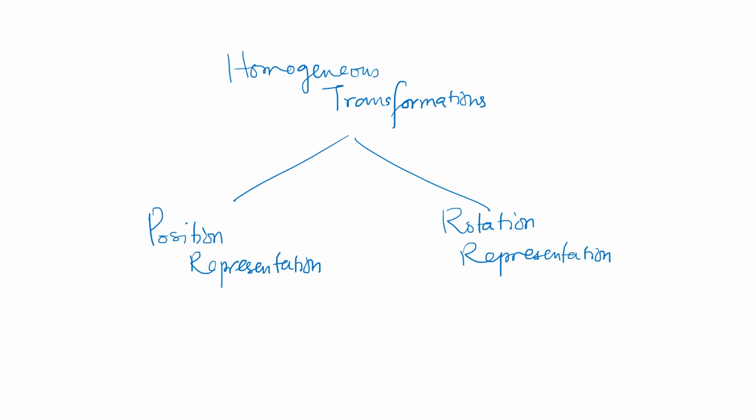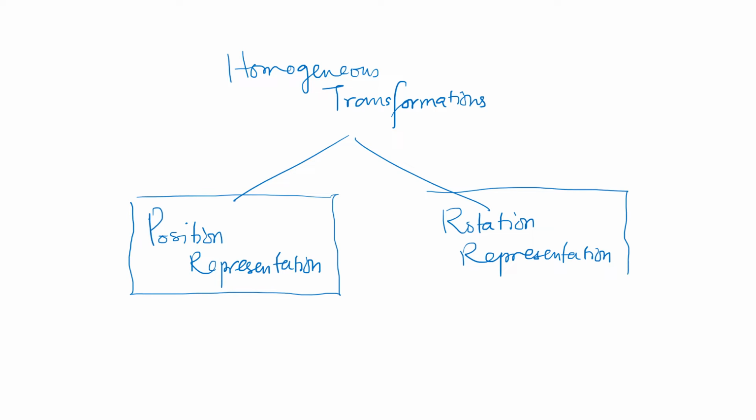So we are going to discuss position first, and then we are going to discuss the rotations and all the different possibilities and manifestations of rotation, and then we're going to combine them together. So this is how we're going to structure it. So let's discuss position representation first.